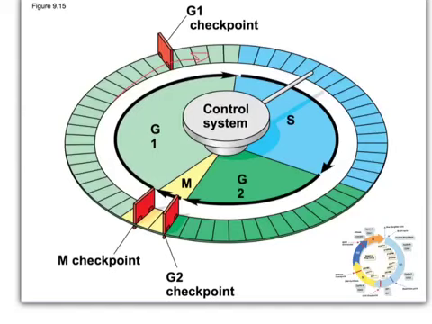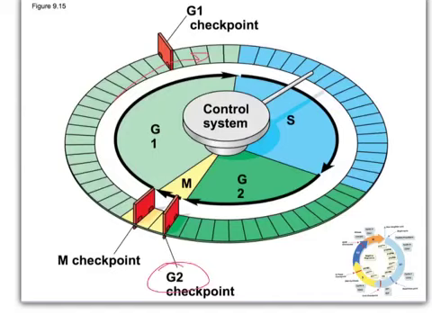Once it passes G1, it is destined to replicate DNA. Once it goes into S phase, it's going to replicate all its DNA. It's going to go through S, go through G2, and you get to this G2 checkpoint. What do you think it's checking there? What's happened in S phase? DNA synthesized. In G2, we get more growth.